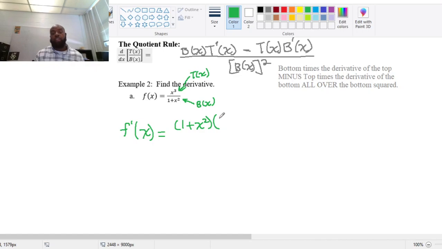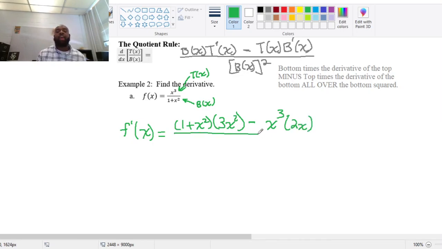Well, the derivative of x cubed is 3x squared. Minus, I'm going to write down my top function, which is x cubed, sorry. And I'm going to multiply that by the derivative of my bottom function, which is the derivative of 1 is 0, and the derivative of x squared is 2x.